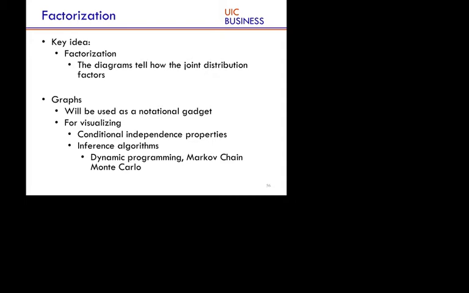You can write the probability of x, y, z as the probability of x given y comma z, times the probability of y given z, times the probability of z. So this is just a factorization.